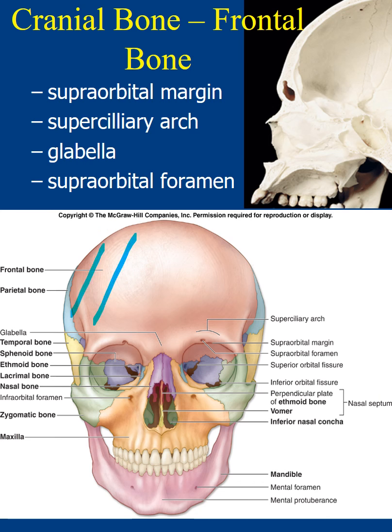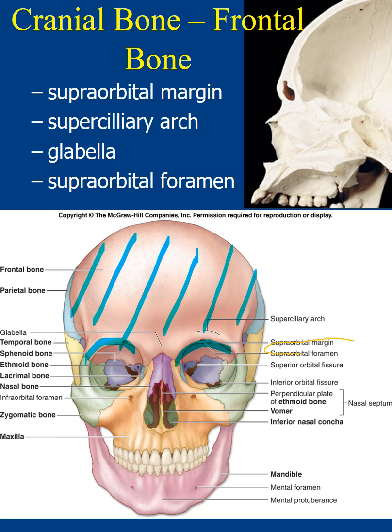Our frontal bone is one of our cranial bones, and this is going to be unpaired, meaning that there is one. It helps to form the forehead as well as the roof of the orbits for the eyes. So the structures that we are responsible for knowing will be these four. Let's start with the supraorbital margin.